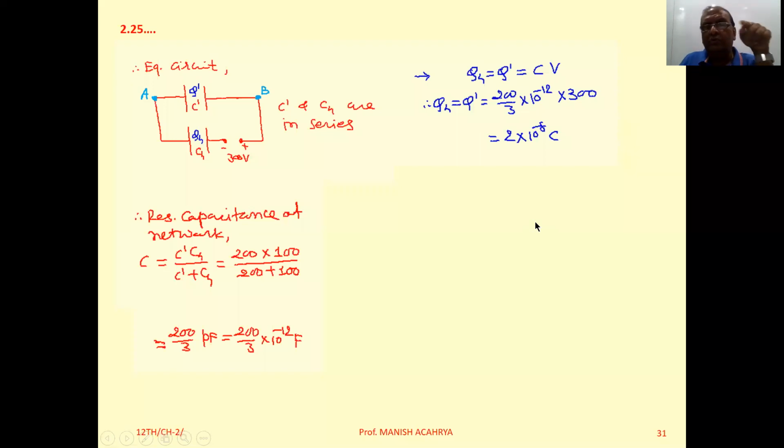Now we have to switch over to the previous circuit to calculate the charge on C1, C2, C3. Now keep this in your mind. The charge on the capacitor having capacitance C dash, that is Q dash, is equal to 2 into 10 raised to minus 8 coulomb.